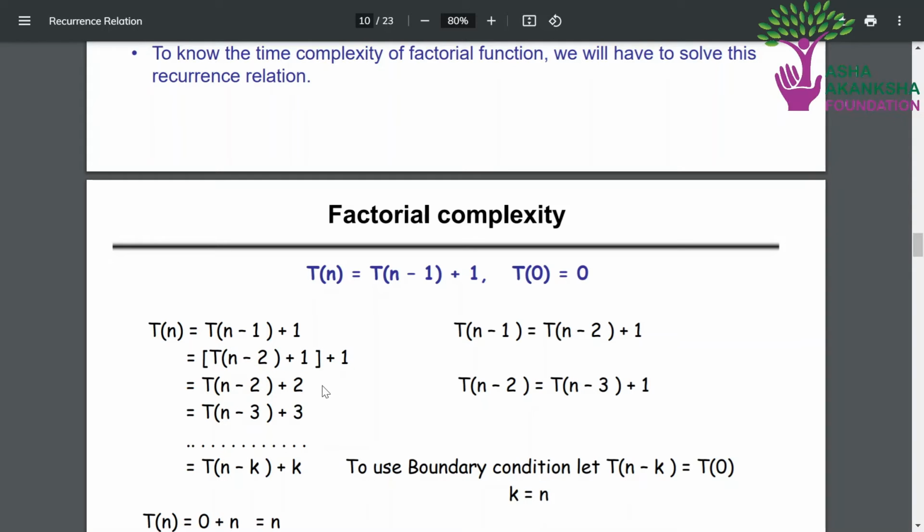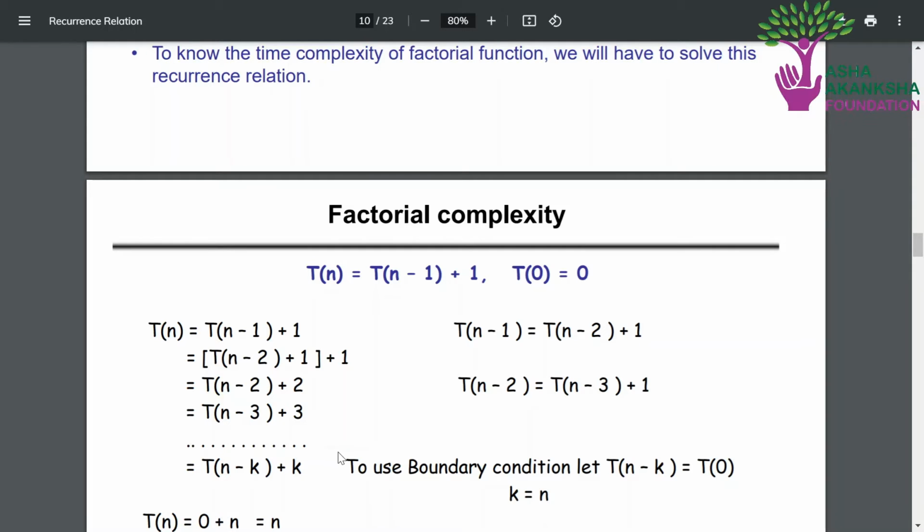We can further expand this, and we can say that T of n minus k plus k is equal to T of n. We are just describing the nth term in terms of its previous terms.